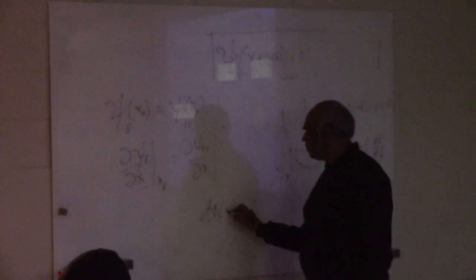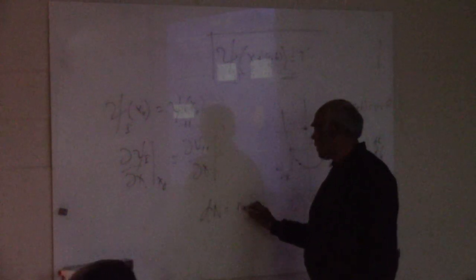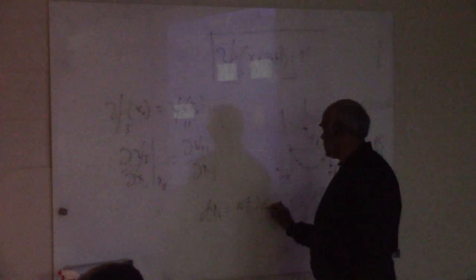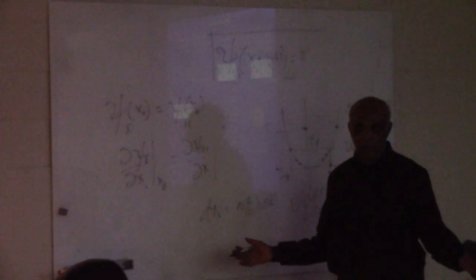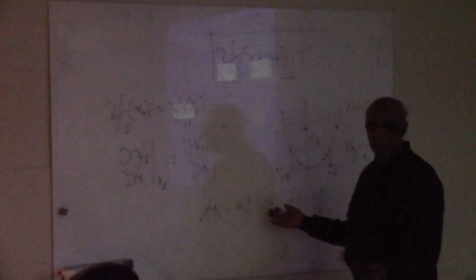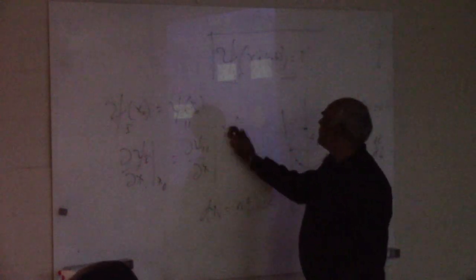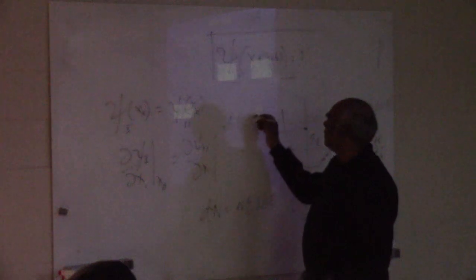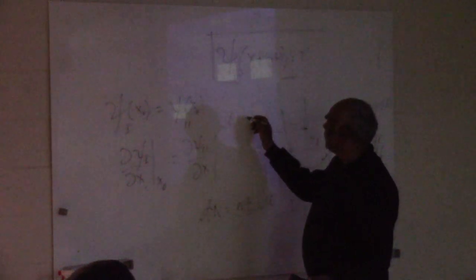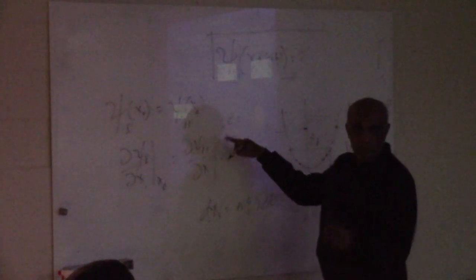So how do we calculate that? That's pretty simple. That's dN, right? dN is basically the density of states times delta E. Delta E you can write in terms of delta k, remember how E and k are related.